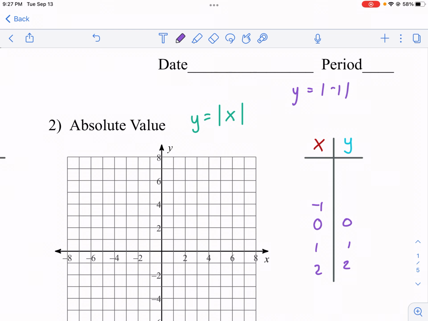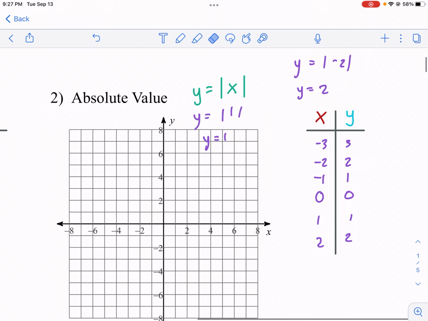Absolute value takes anything that's negative and turns it positive. So y equals the absolute value of -1, which is +1. If we plug in -2, it's +2. Same thing with -3 and so on.